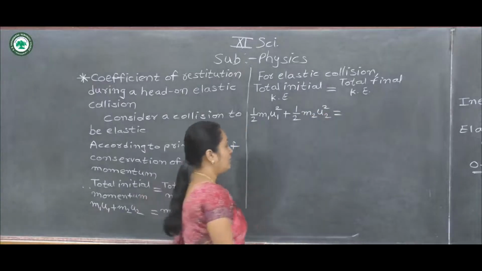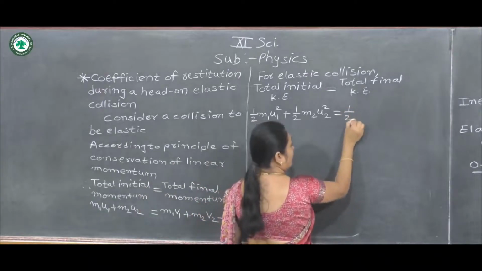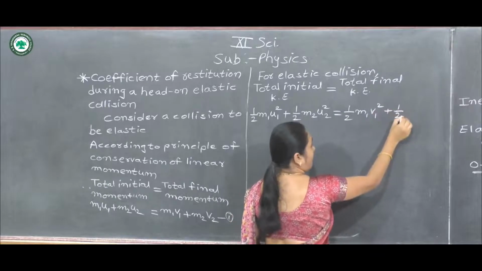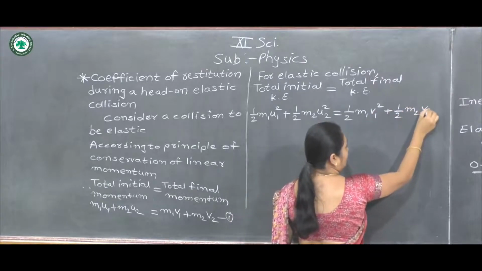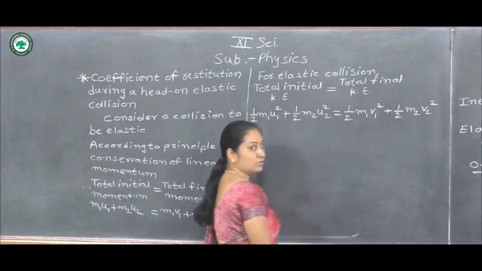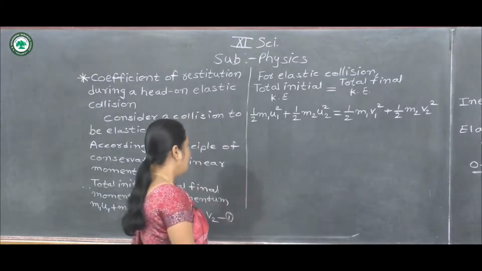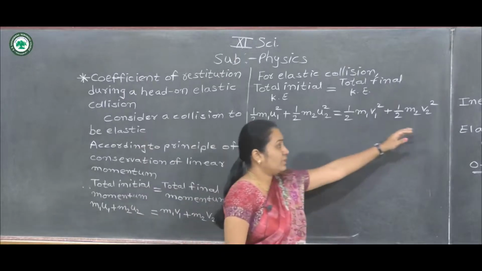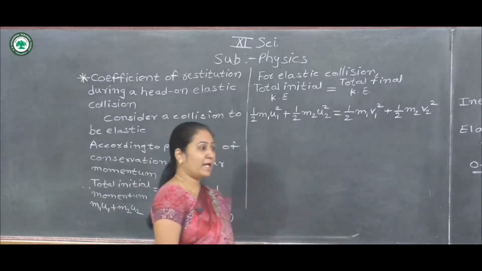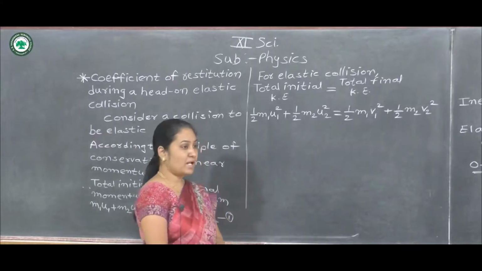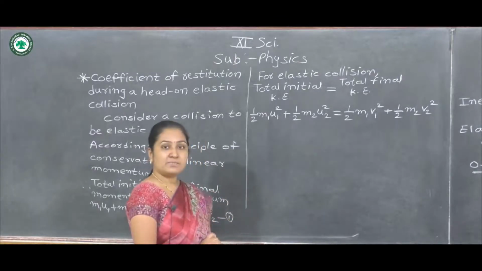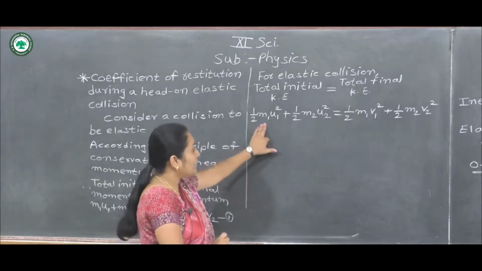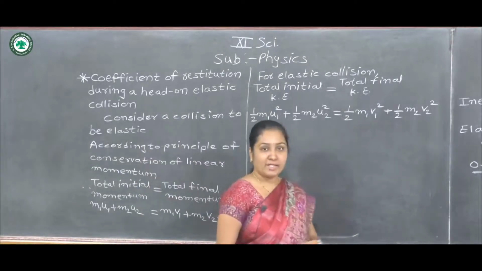It is equal to 1/2 m1 v1 square plus 1/2 m2 v2 square. Now the 1/2 is in each term, so we can take it common and then cancel out.